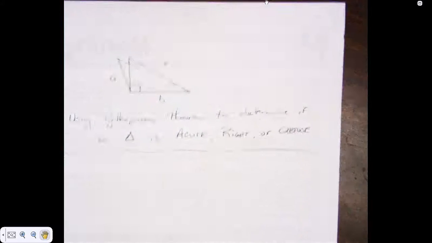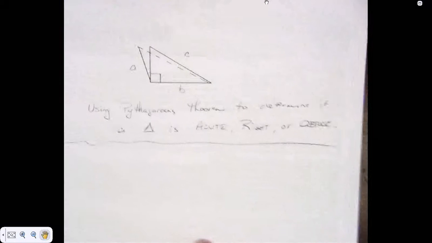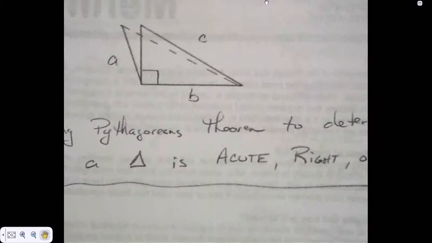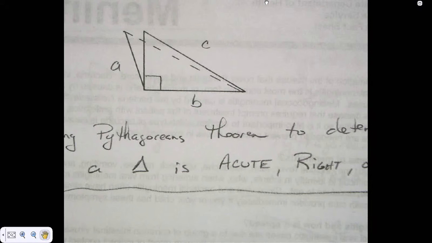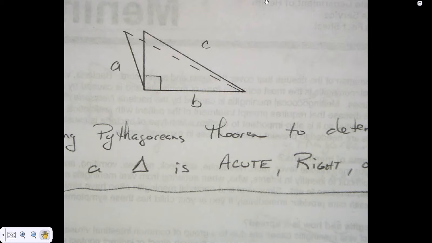Do we make it bigger or smaller? We did. And what type of triangle is that? Obtuse.